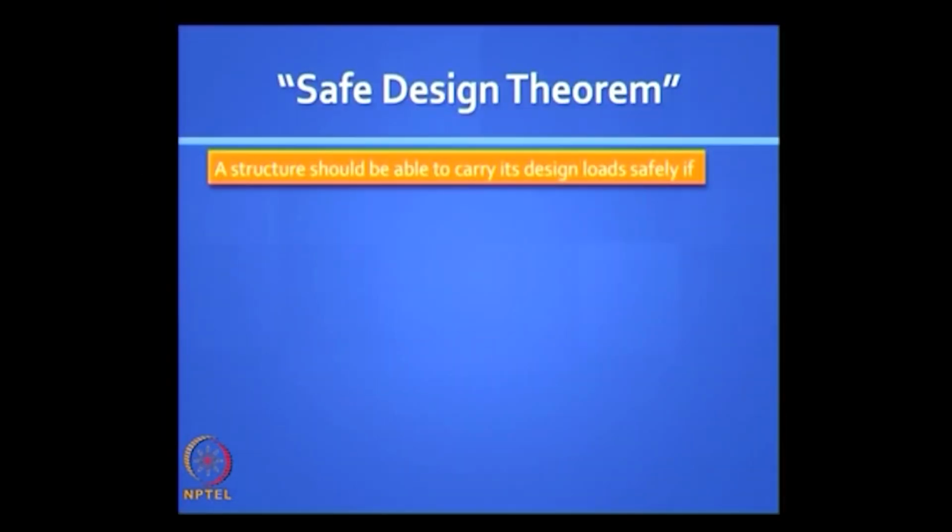But regardless of what you do, it's well known by experienced engineers that if you satisfy certain requirements, minimum requirements, you will end up with a safe design. So what are those requirements from a design point of view? The structure should be able to carry its design load safely if 3 requirements are satisfied.